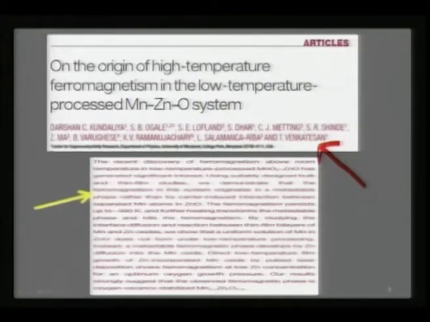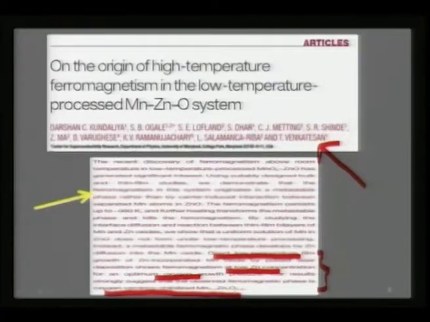I would not like to read through the whole thing, but all I would like to pinpoint is direct low temperature thin film deposition shows ferromagnetism at low zinc concentration, and for an optimum oxygen growth pressure, our results strongly suggest that the observed ferromagnetic phase is oxygen vacancy stabilized Mn2-xZnxO3-δ.